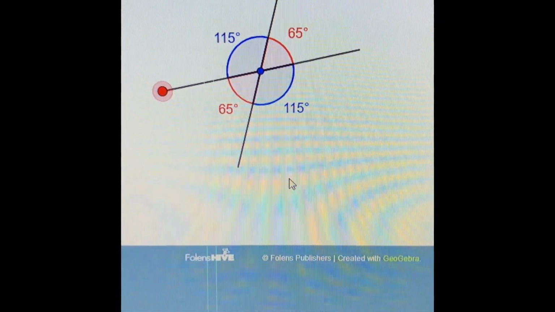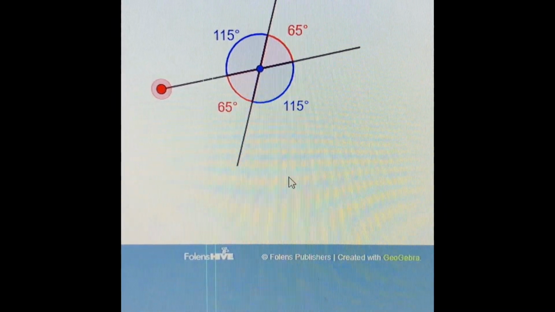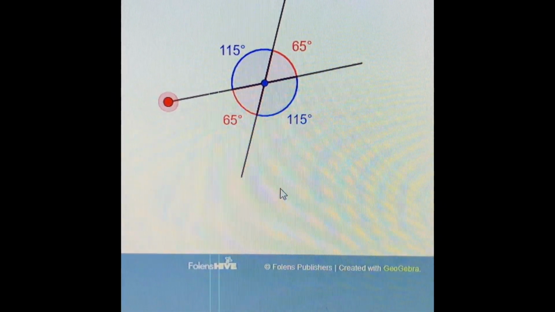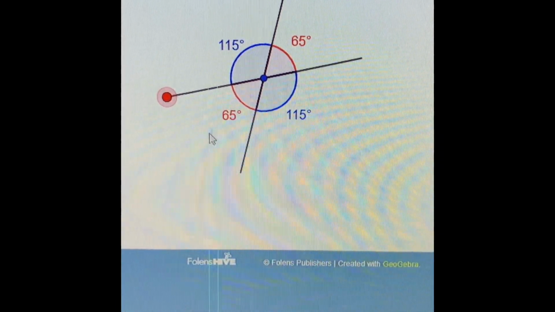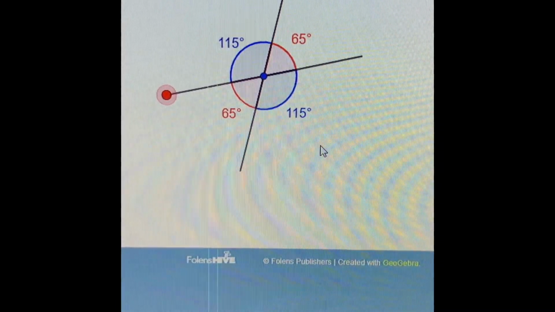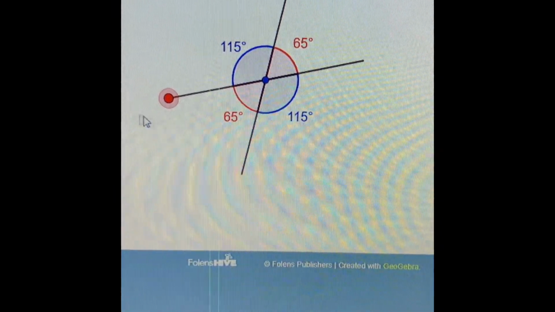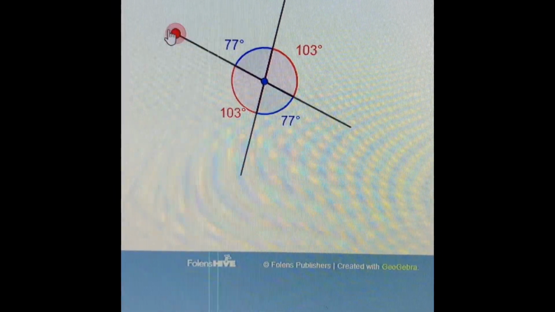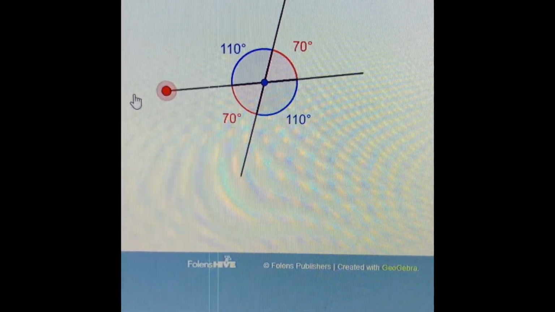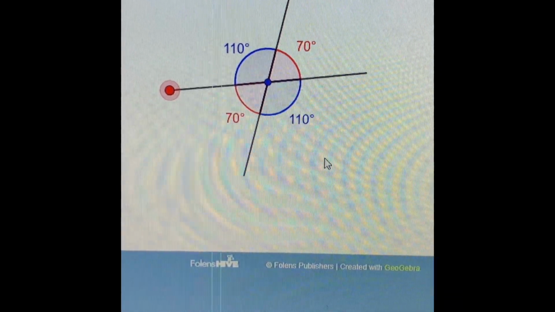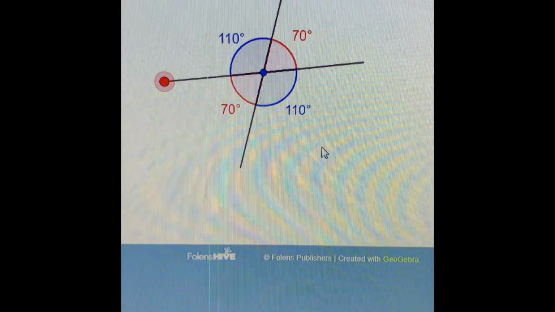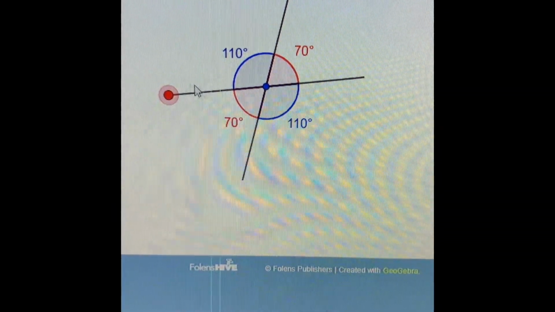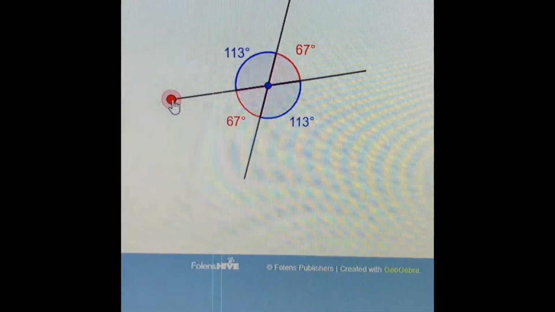We don't necessarily need to learn that Theorem 1 is for a particular name, but we do need to know what it is that we're actually learning about this, the properties. It's the X shape. So if you can remember, the X shape was the vertically opposite angles, or VOA for short. And this is a really good demonstration.